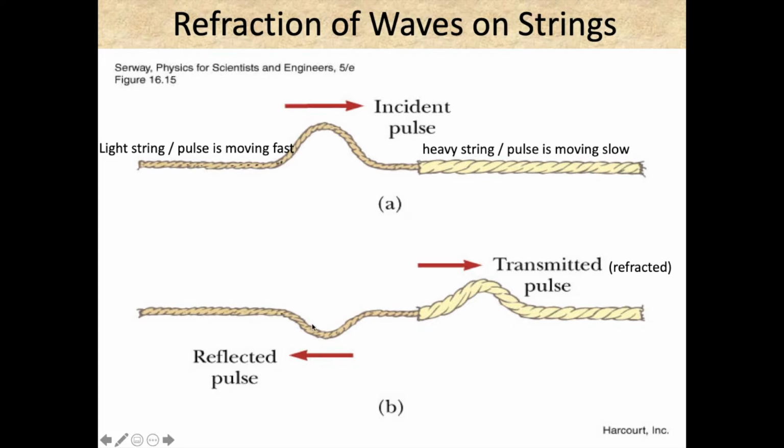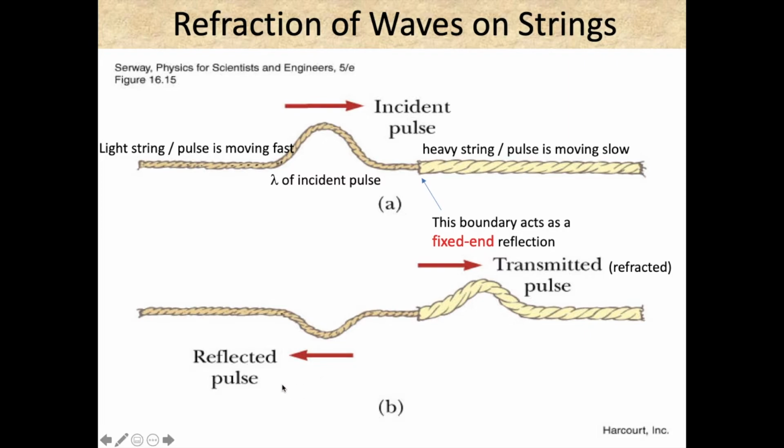Some of the wave reflects into its own medium, some of it continues into the second medium, and some energy is lost when this happens. The size of this reflected pulse is as shown. That reflection is said to act as a fixed end reflection. Remember from the previous lesson what that means.